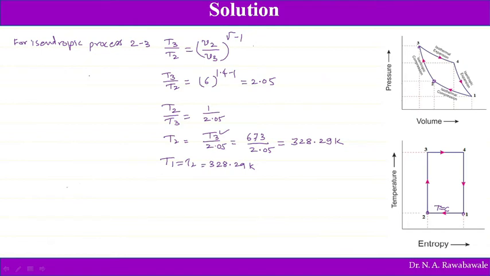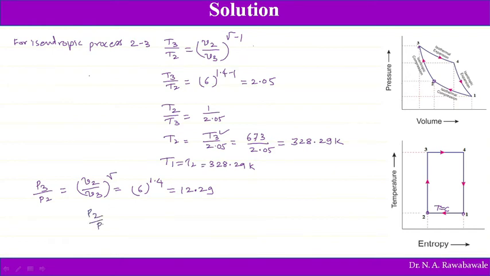Now applying the PVT relations to the process 2 to 3, we can write P3 divided by P2 is equal to (V2 divided by V3) to the power of gamma. V2 divided by V3 is again 6 to the power of 1.4, and this can be written as 12.29. Now from this we can find out the value of P2.